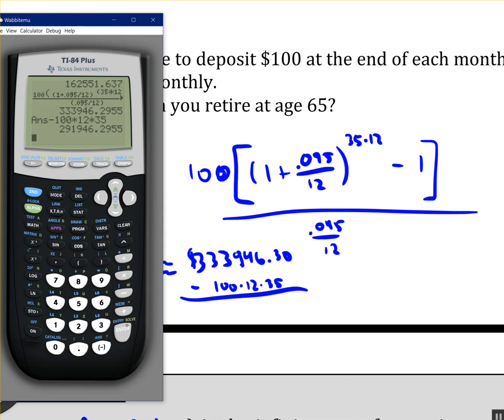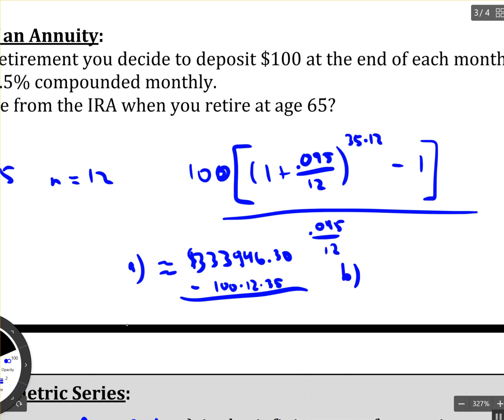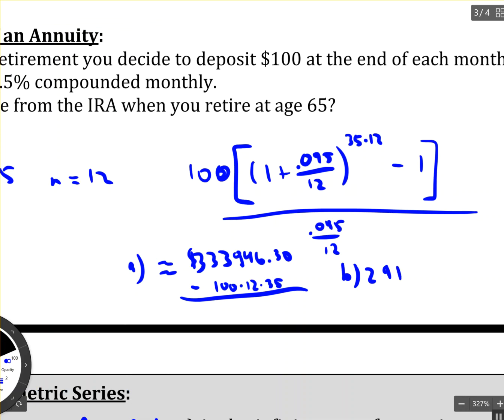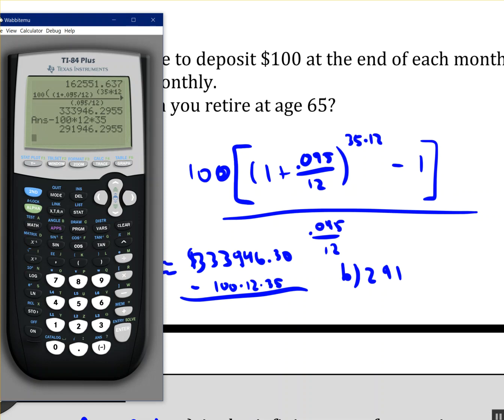So our interest in this case is the bulk of it, right? This is kind of the power of compound interest. 291,946.30.